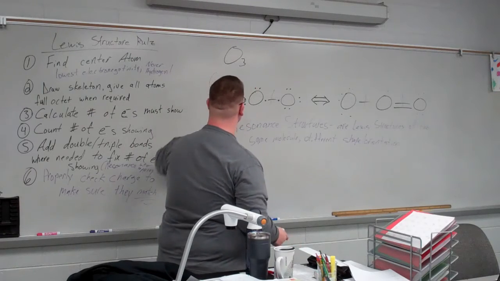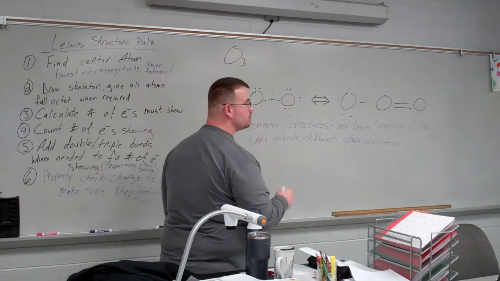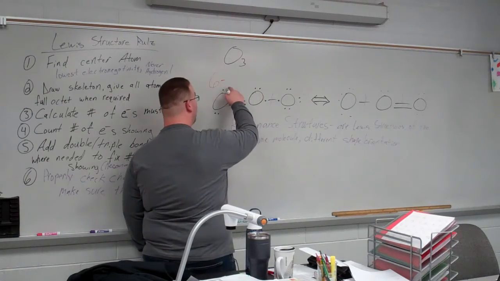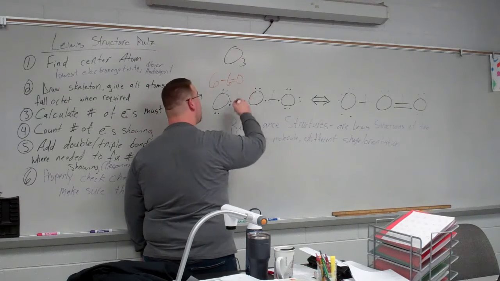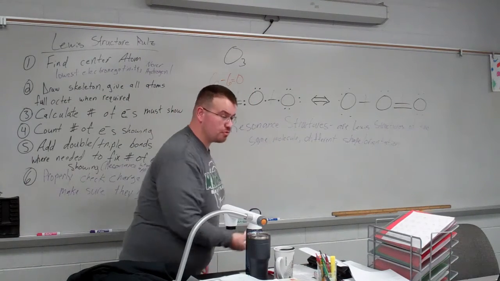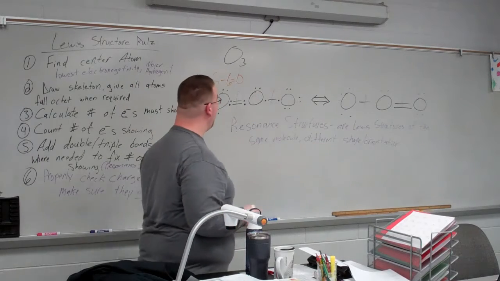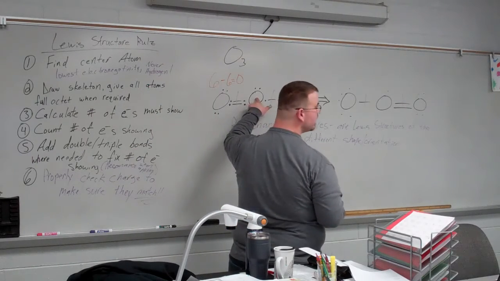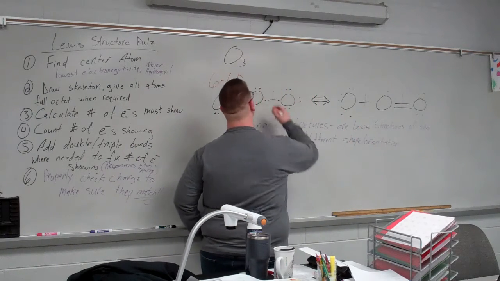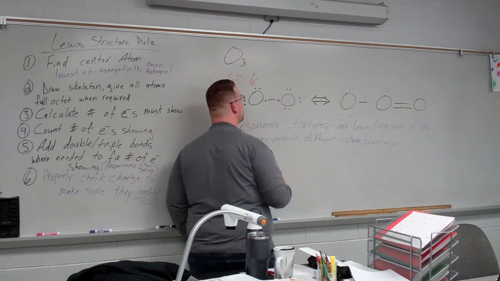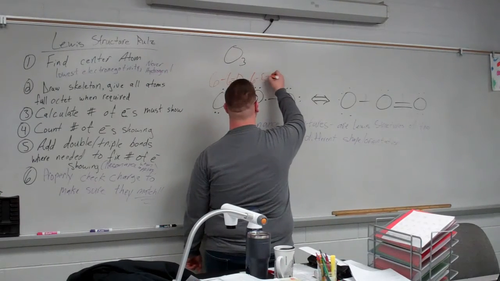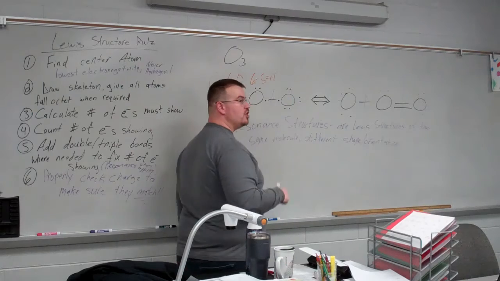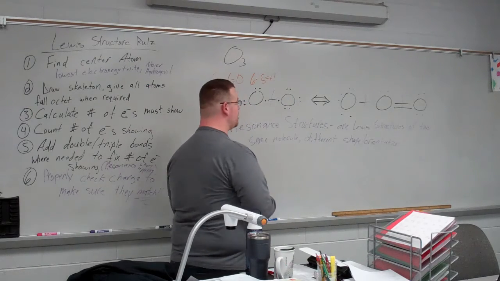In this oxygen, how many valence electrons are we showing? 1, 2, 3, 4, 5, 6. So that's 0. This oxygen is neutral. But in the middle, how many valence electrons normally? 6. Minus what's showing now? 5. Which equals positive 1. You must then show a positive charge.